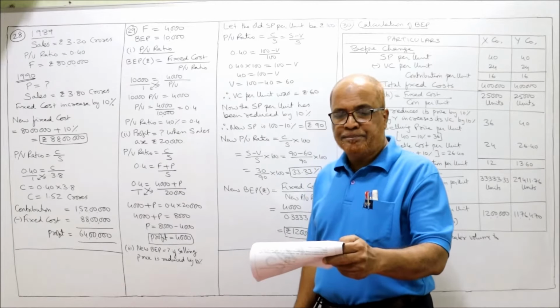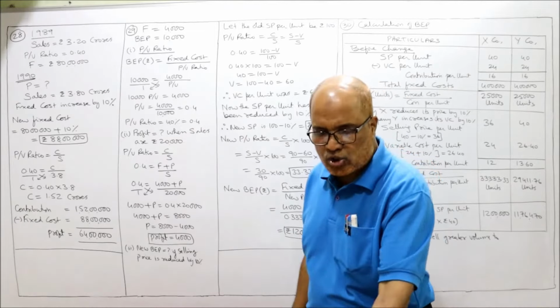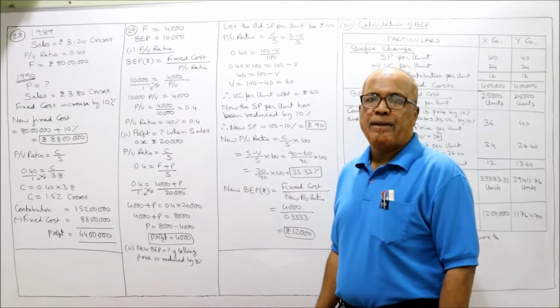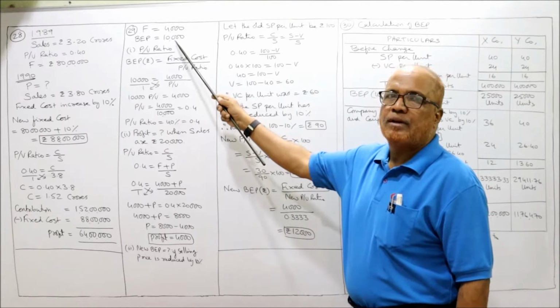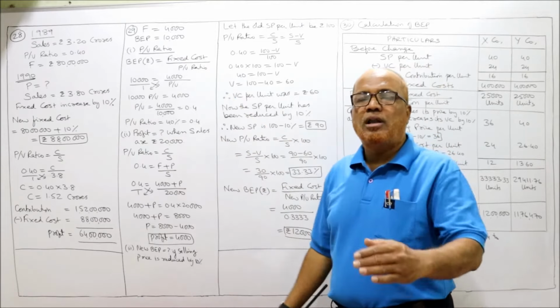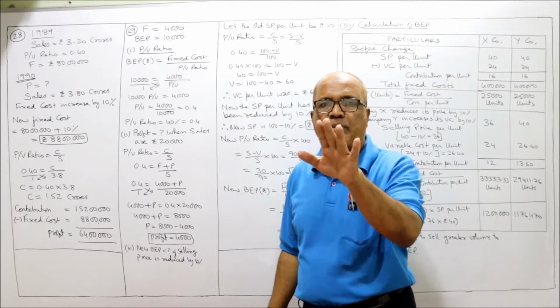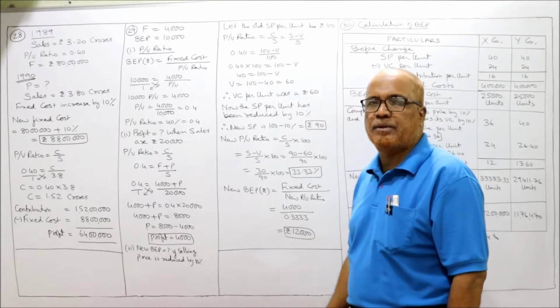Now the third point: the new break-even point if the selling price is reduced by 10%. What is the new break-even point? The earlier BEP was 10,000. Now we have to find out the new BEP if the selling price is reduced by 10%.